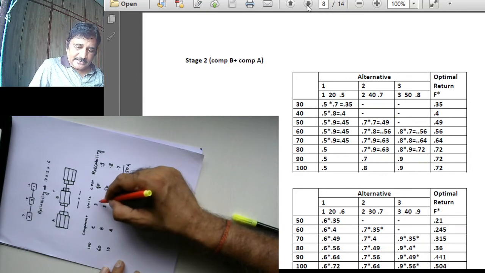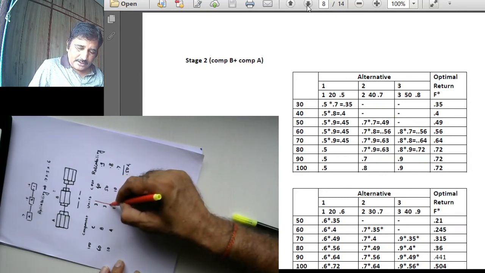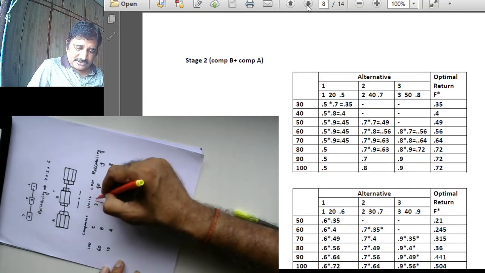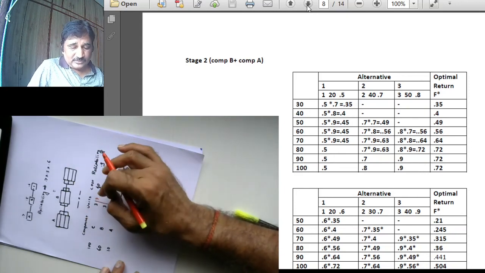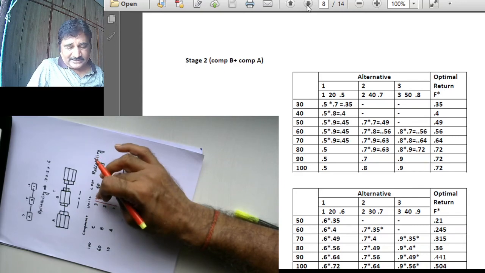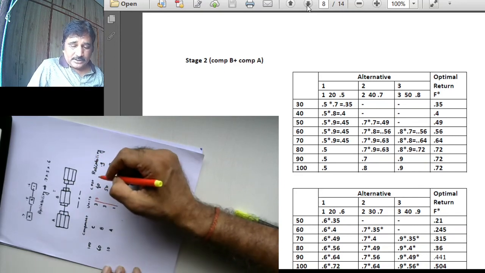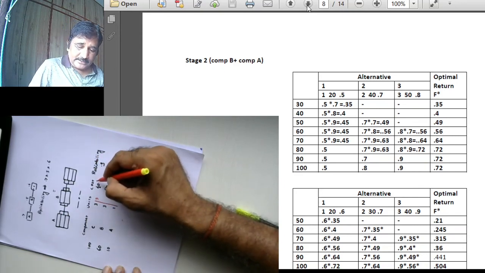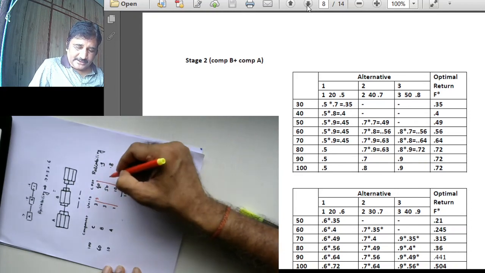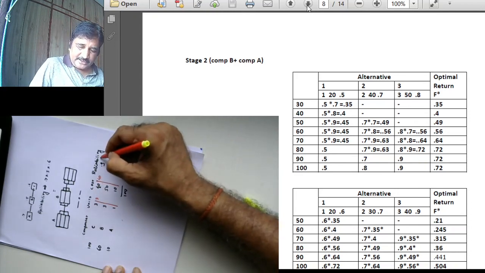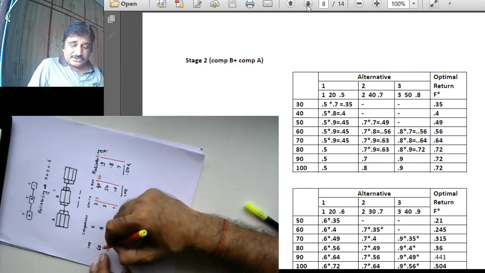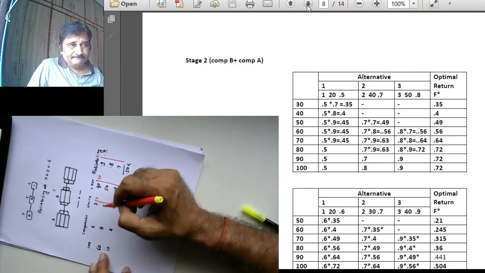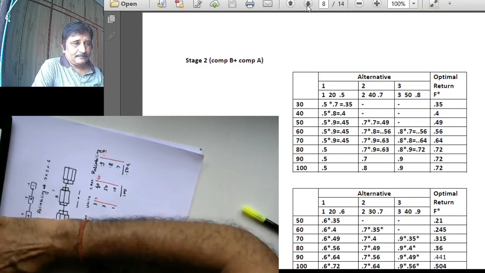Here I could choose, as far as the first is concerned, there is no ambiguity. That part is unique. And here the cost is 40 again. This is another solution I am writing, and the reliability is 0.9. Then 60 rupees.